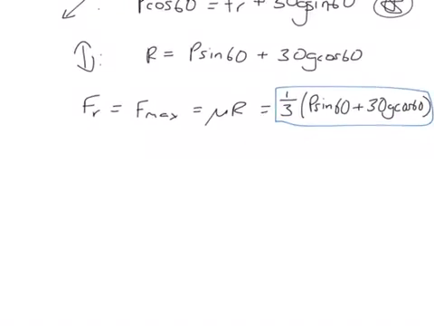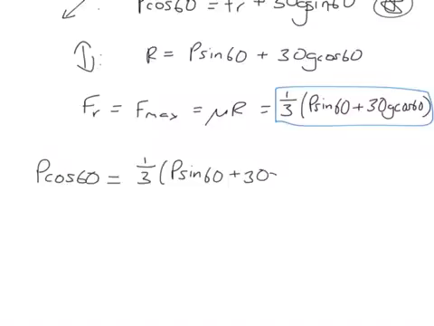So this equation then tells us that P cosine 60 is equal to the friction, which is now a third of P sine 60 plus 30g cosine 60, then plus the 30g sine 60, and we can just start to rearrange.